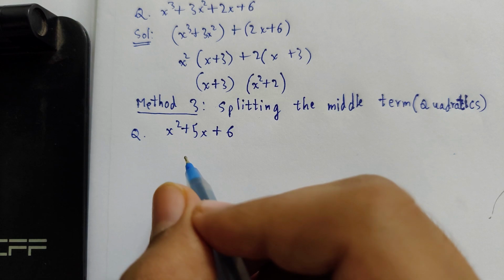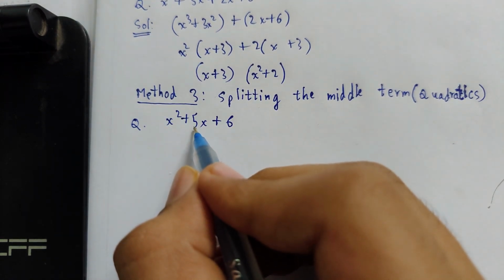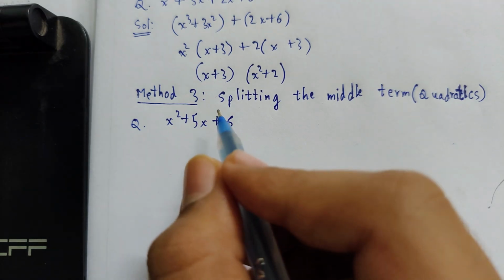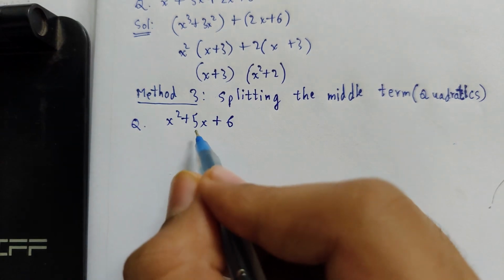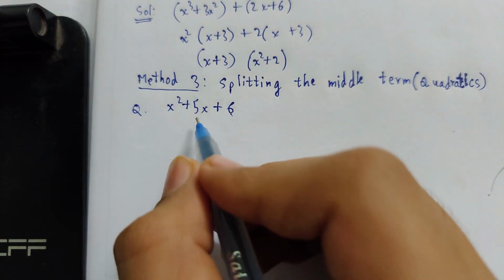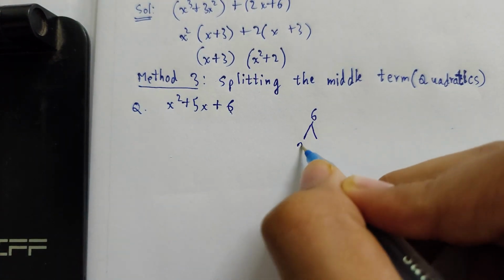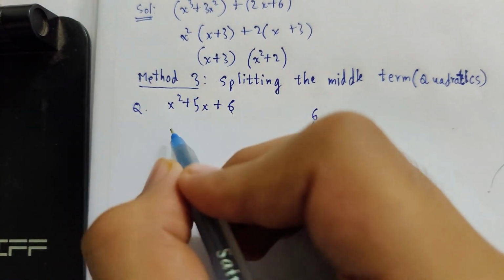Now we're going to find the numbers which when added equal 5 and when multiplied equal 6. The numbers are 2 and 3. 2 plus 3 equals 5 and 2 into 3 equals 6.